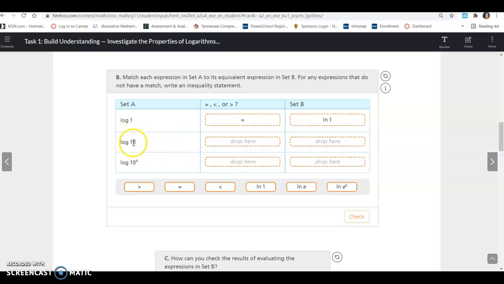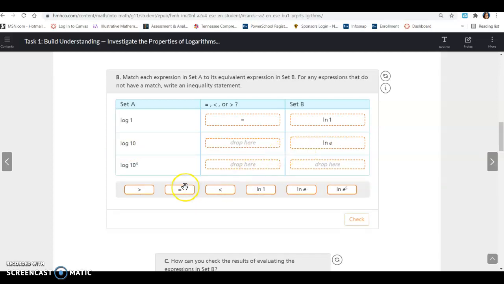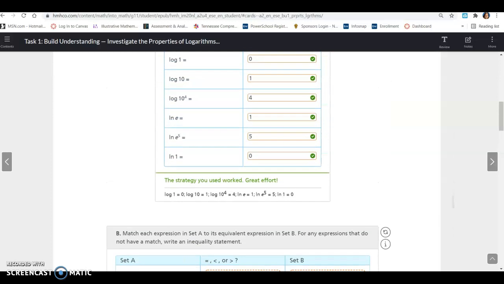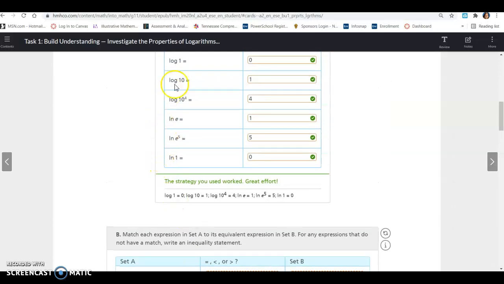And log of 10, that base 10, would be the same as natural log of E with base E, and those would also be equal. So you can see this equals 1, and this one also equals 1.